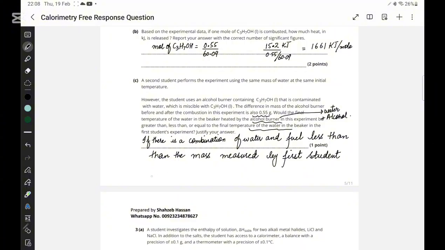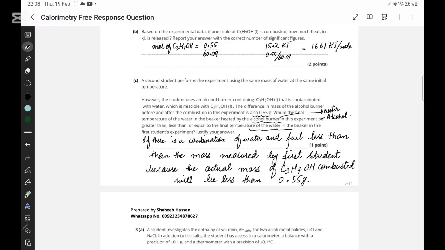Because the actual mass of C3H7OH combusted will be less than 0.55 gram. Why less than? Because now it's mixed with water, so water has also been burned inside it.